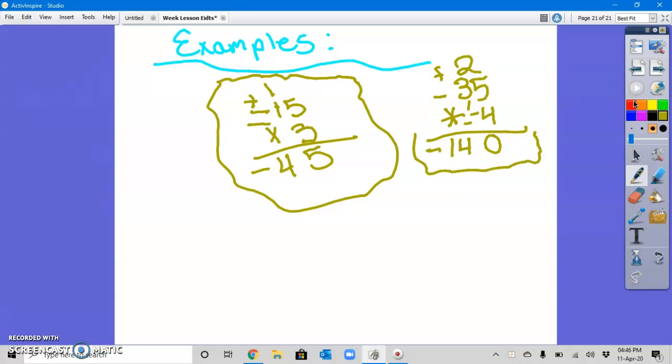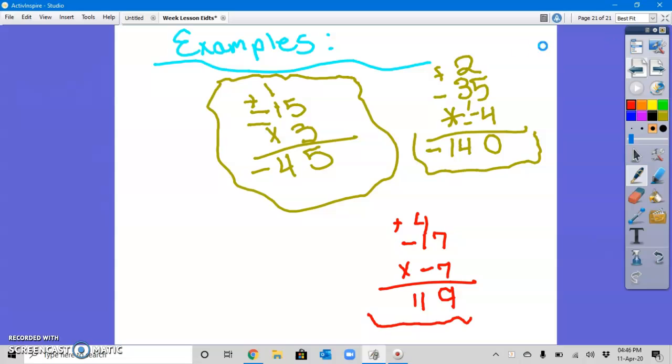Now let me show you about positive. Let's say you have negative 17 times negative 7. You're going to multiply normal. 7 times 7 is 49. 7 times 1 is 7 plus 4 is 11. And that will equal a positive.